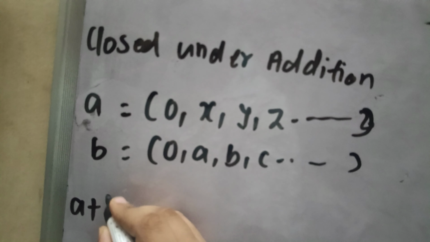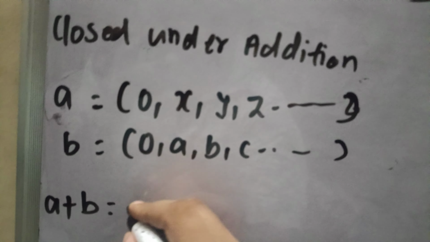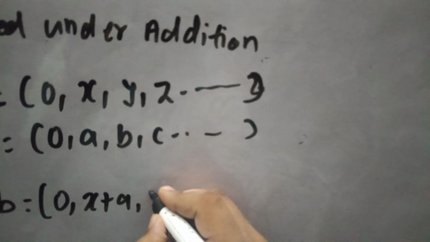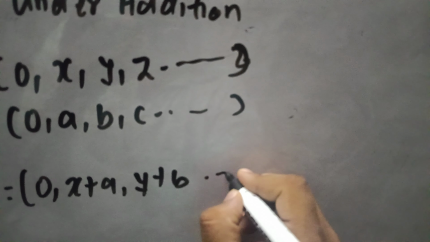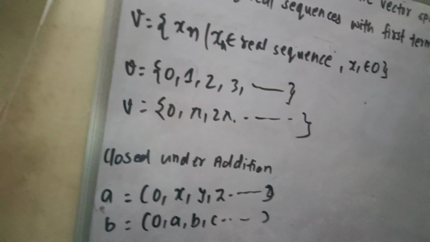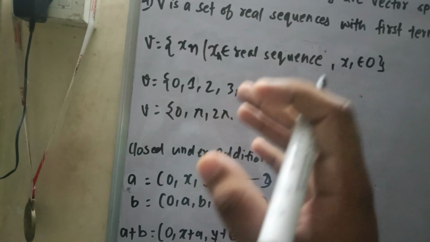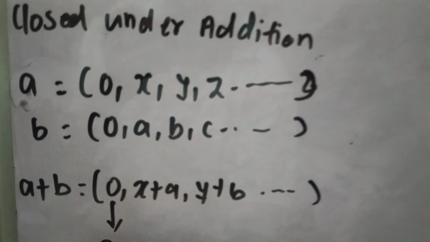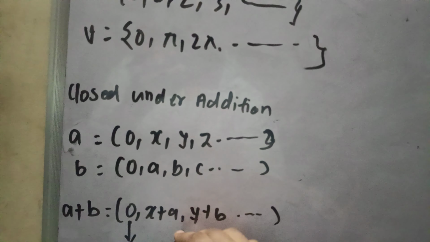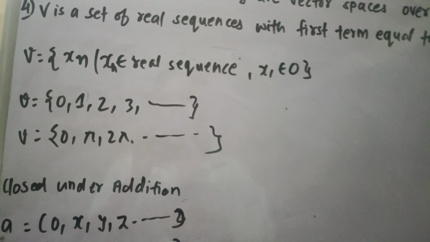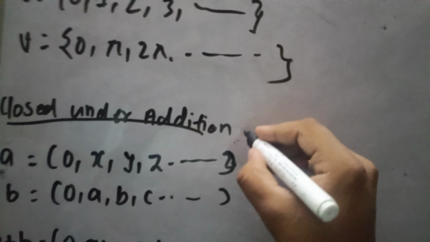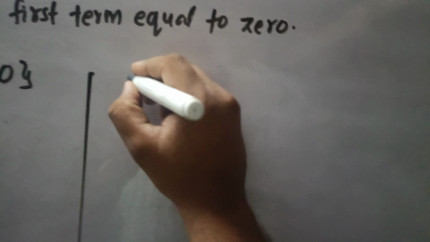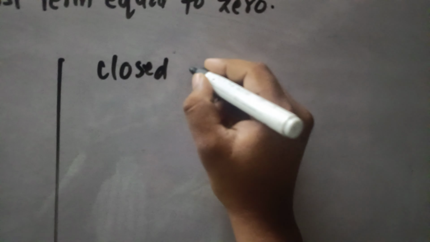Upon adding these, what we will get is 0, x plus a, y plus b, etc., which still holds true for our condition because this has first element as 0, so it has passed the check. So that's why closed under addition is satisfied. Now what about closed under multiplication?